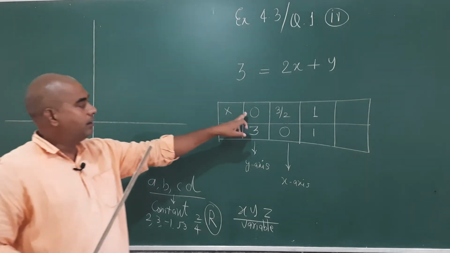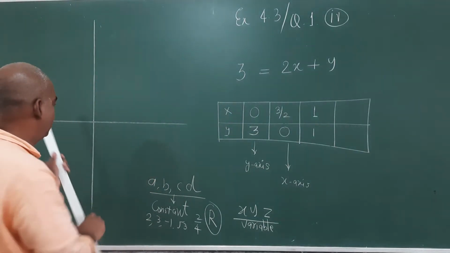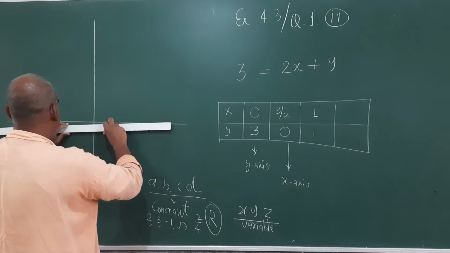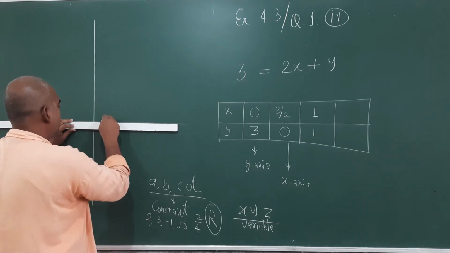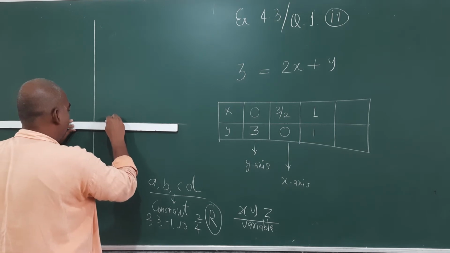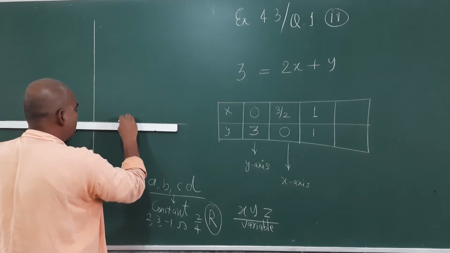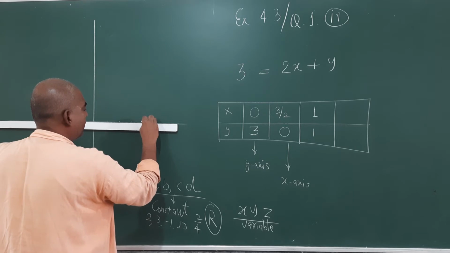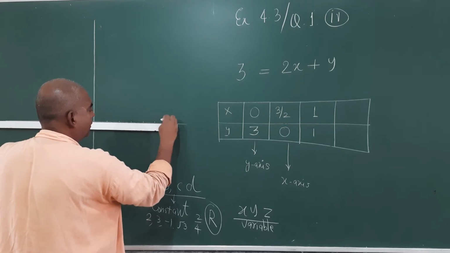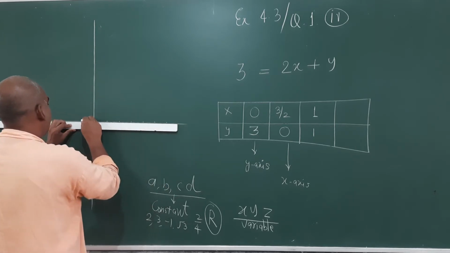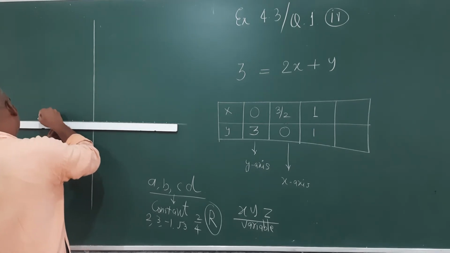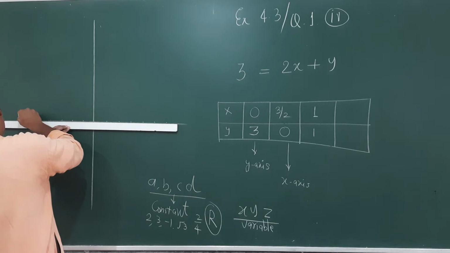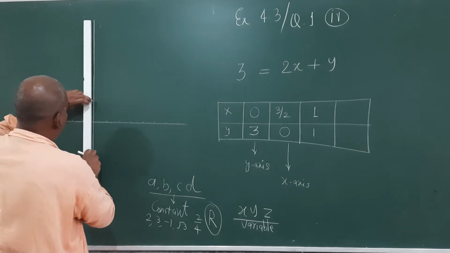Okay, come on this line. So equally spaced points: 1, 2, 3, 4, 5, 6. You also take a graph paper, because there the graph paper lines are made already.